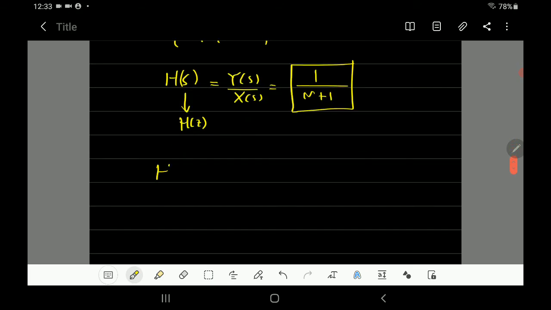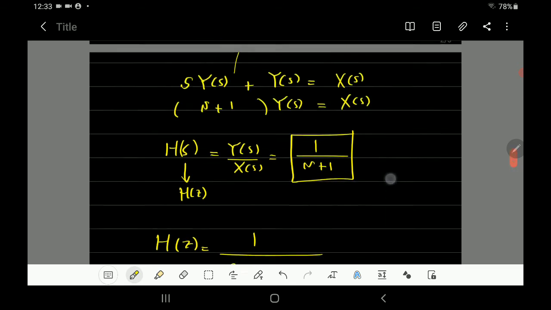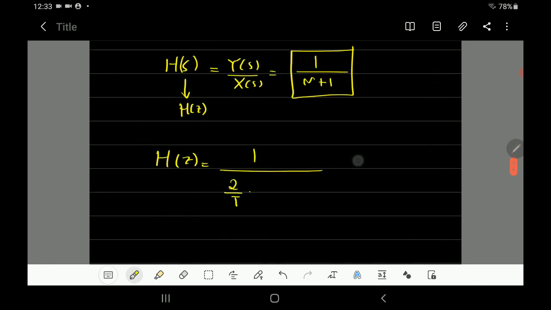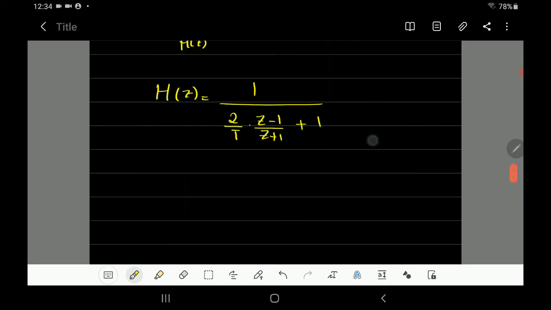So you write H(z) equal to 1 over, and this is s, you'll have 2 over T, which I replaced by the equivalent in z, z minus 1 divided by z plus 1, and plus 1 here. So let's just arrange this equation. We multiply the equation by T(z plus 1) on the top and the bottom.